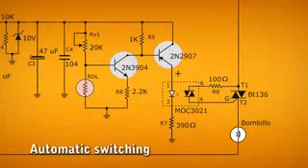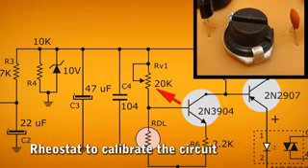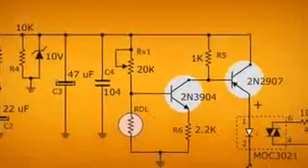Now comes the circuit which handles the automatic turn on when detecting darkness and turns off when detecting light. The rheostat RB1 is part of a voltage divider with a photoresistor. This gives the possibility to scale the sensitivity of the circuit.